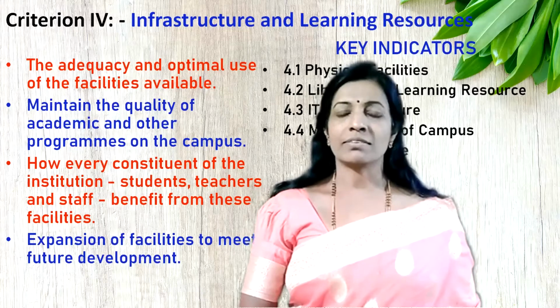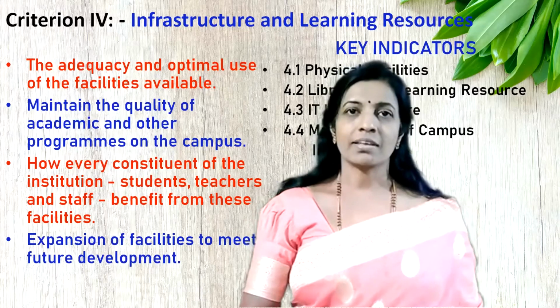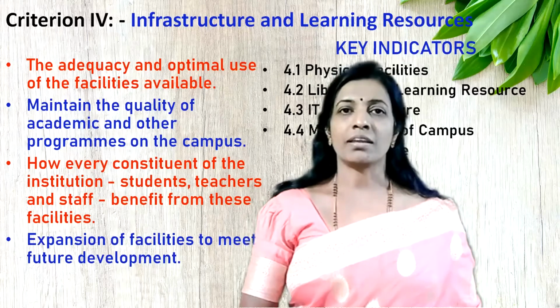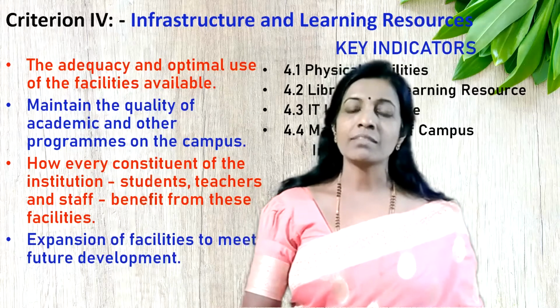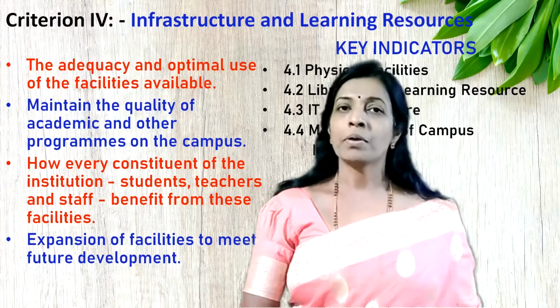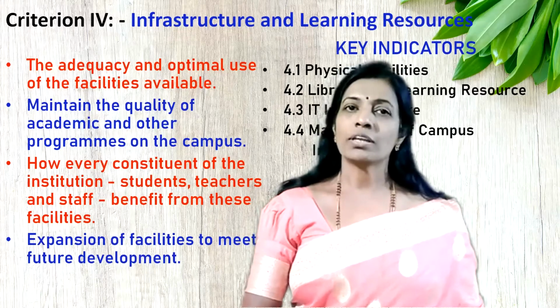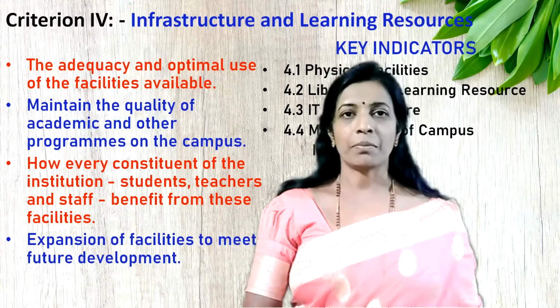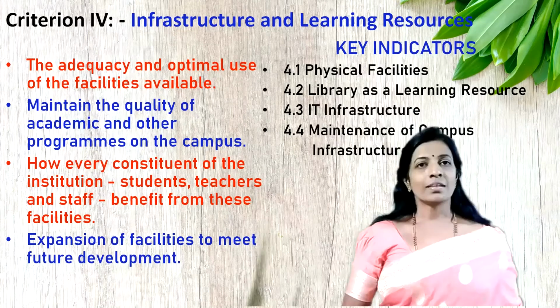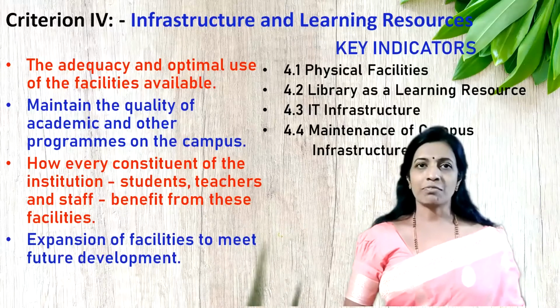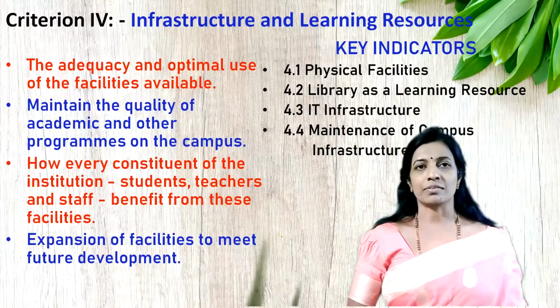Another aspect which is looked into under this criteria is whether expansion of the given facilities is being taken up by the higher education institution and what are the future plans for development of the institution. There are four main key indicators under the fourth criteria, infrastructure and learning resources.